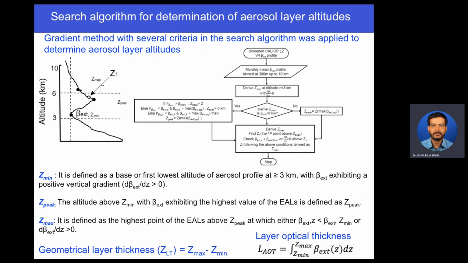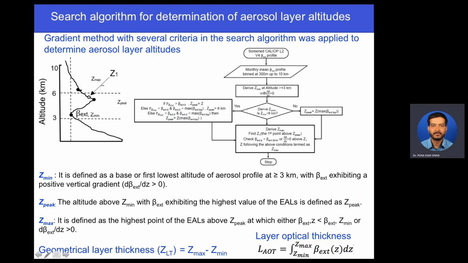So we developed a search algorithm to derive 3 important variables: Z minimum, that is the lowest altitude of the elevated aerosol layer; Z peak, the highest value of extinction coefficient of the profile; and Z maxima, the highest point of the elevated layer above which the extinction coefficient decreases.